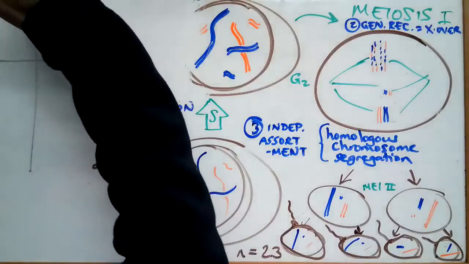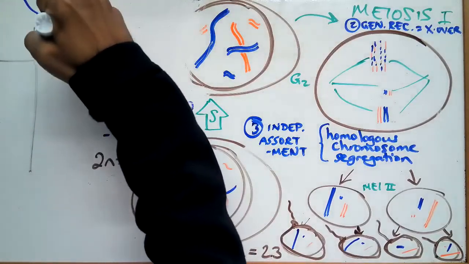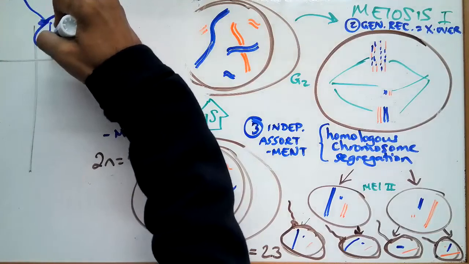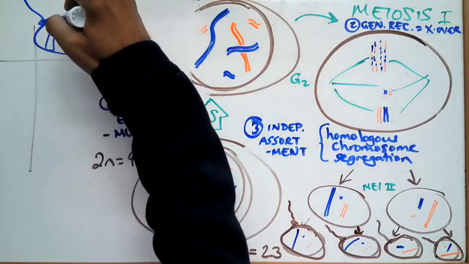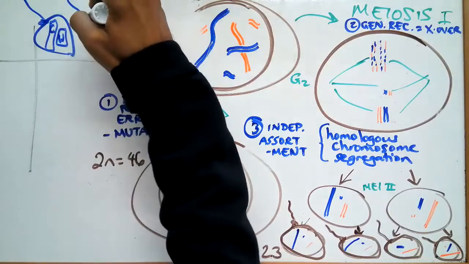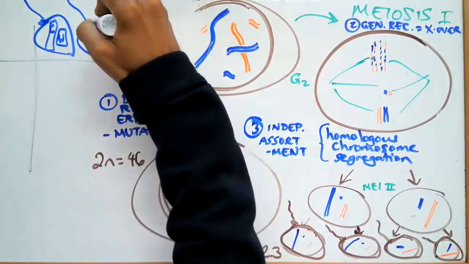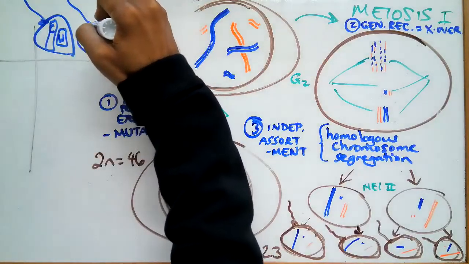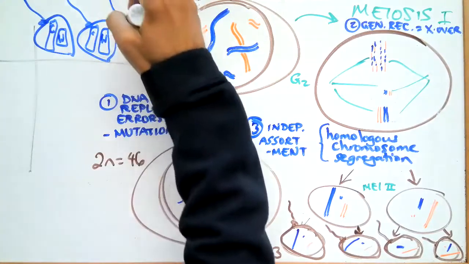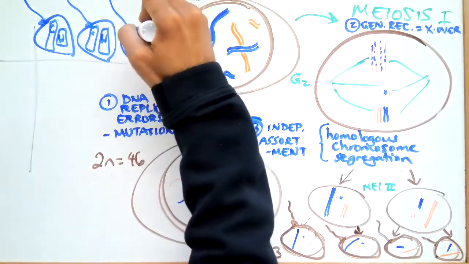It would be, well, here's a sperm. And in that sperm, in the nucleus, there's a chromosome that has a capital C on it, and a chromosome that has a capital W. On this sperm, there's a chromosome that has a little c, and a chromosome that has a big W. Another sperm, and these are the different combinations.